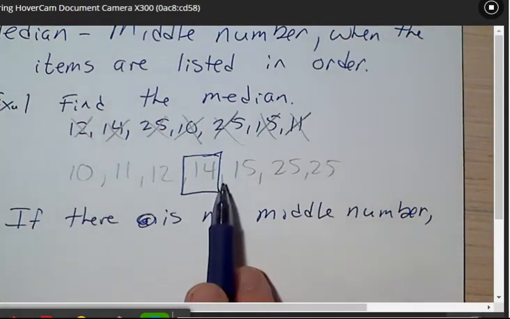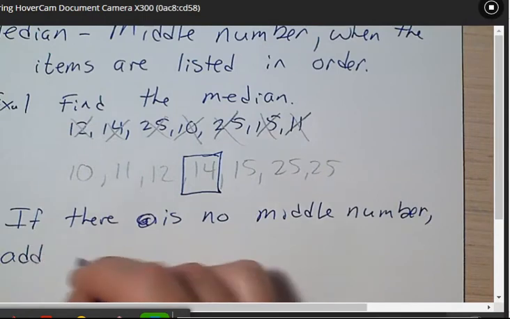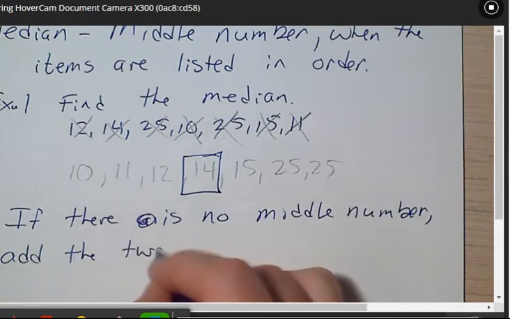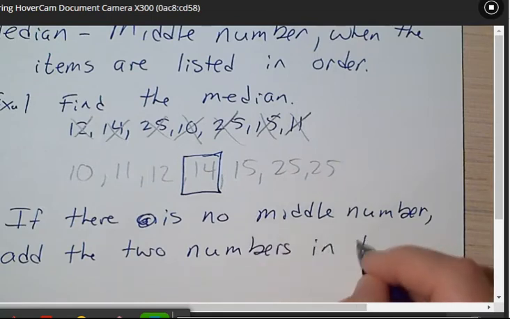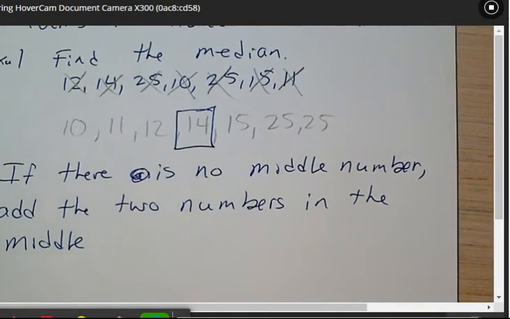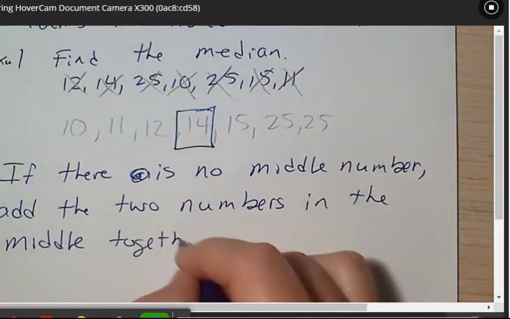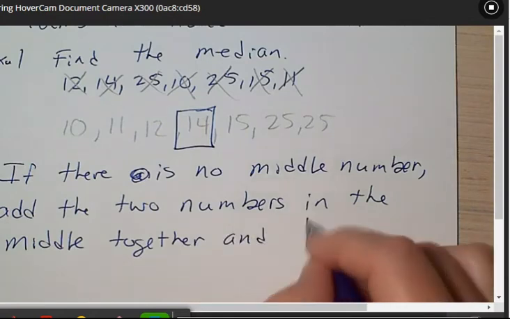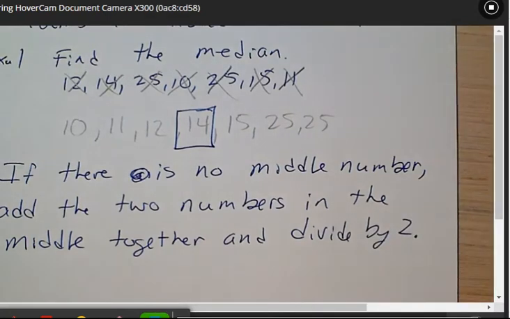If there is no middle number, then you're going to find the sum of the two middle numbers, or add the two numbers together. So now instead of having one number in the middle, you've got 2 numbers in the middle. You add them together, and then you divide by 2. Basically, you're just finding the average of the 2 middle numbers.